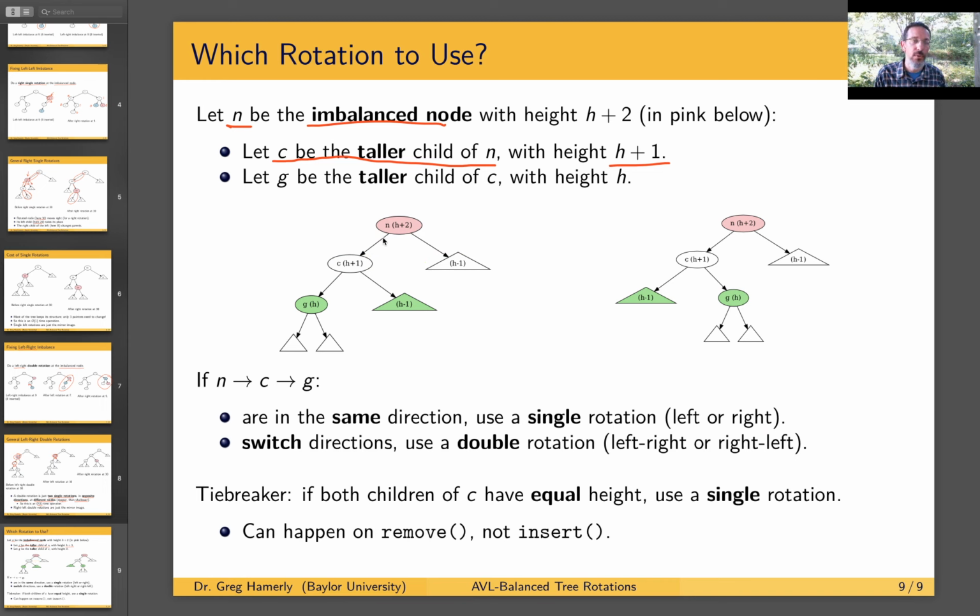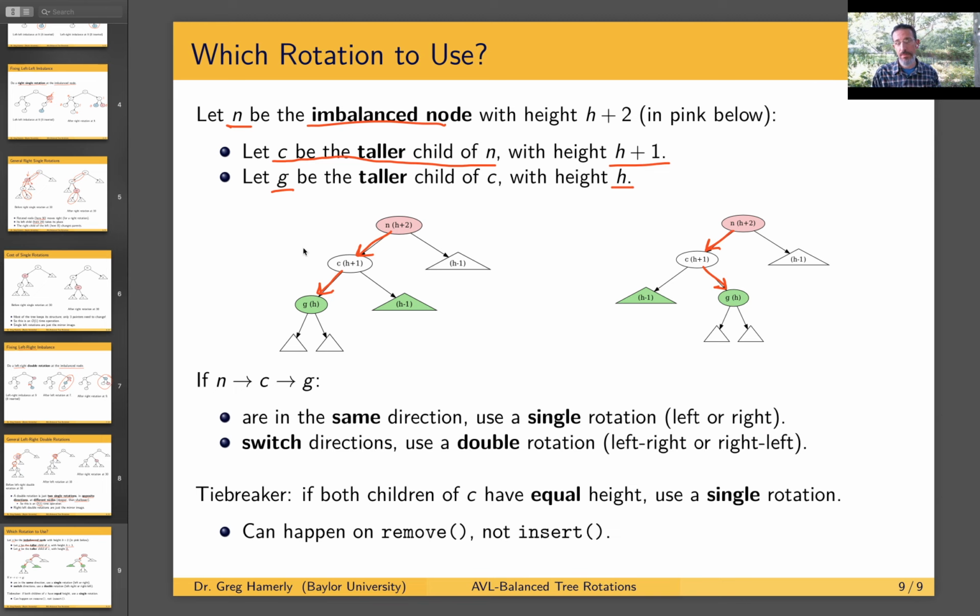So we go from n to the taller child, and then from there we go to its taller child, which in this diagram is here. So we go from the node where the imbalance occurs to the taller child to the taller grandchild. That taller grandchild has height h, and we're calling it g.